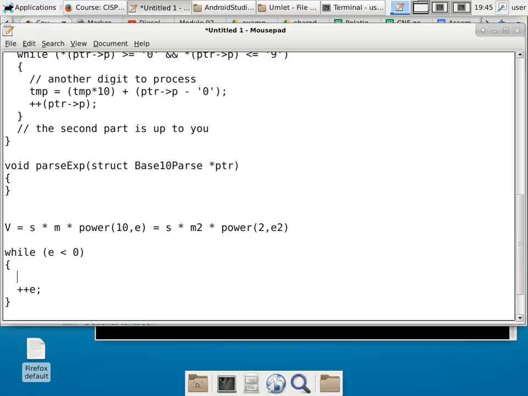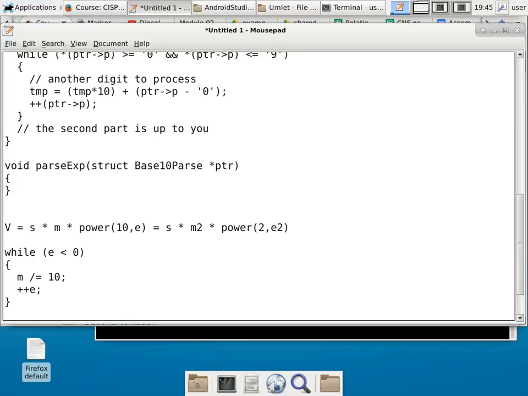What do you have to do? So you have to do something to the mantissa, right? Divide equal to. Okay? If everything is easy to do, this is all you have to do. You divide the mantissa by 10, and then you increment the exponent by 1 to account for the division.